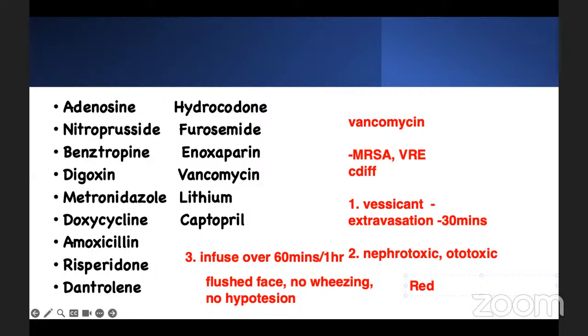And that is what we call red man syndrome. This is not anaphylactic shock. It's just a hypersensitivity reaction. Just slow down the rate. That's all. That's vancomycin for you right there. Okay, vancomycin for you. Easy as the bread you eat, right?